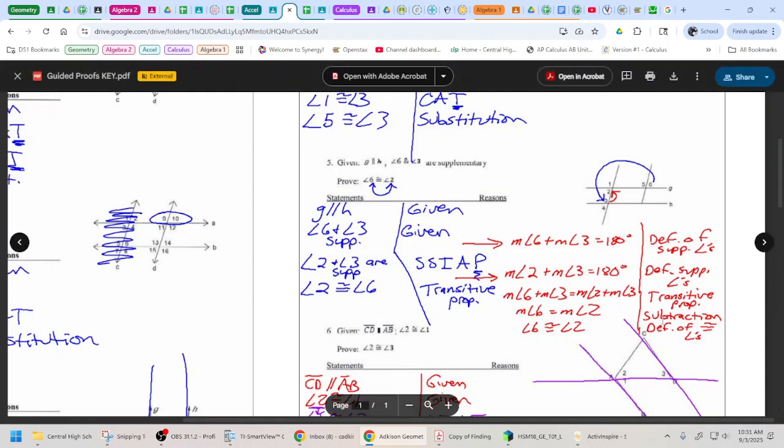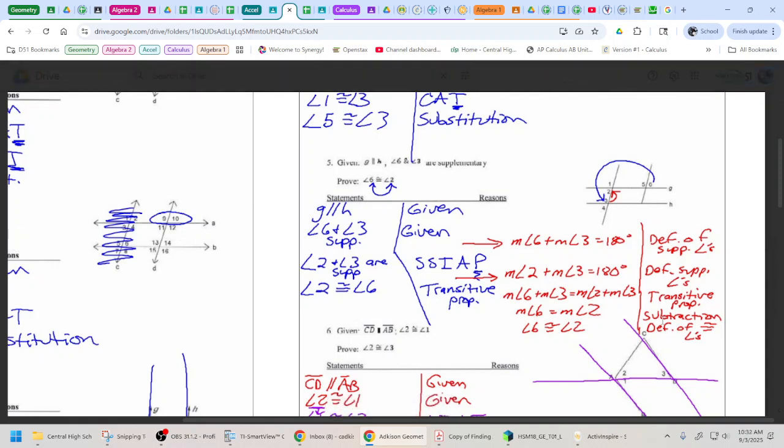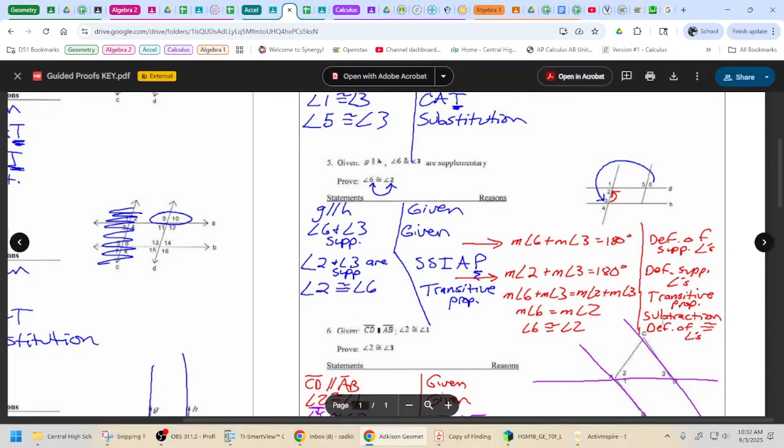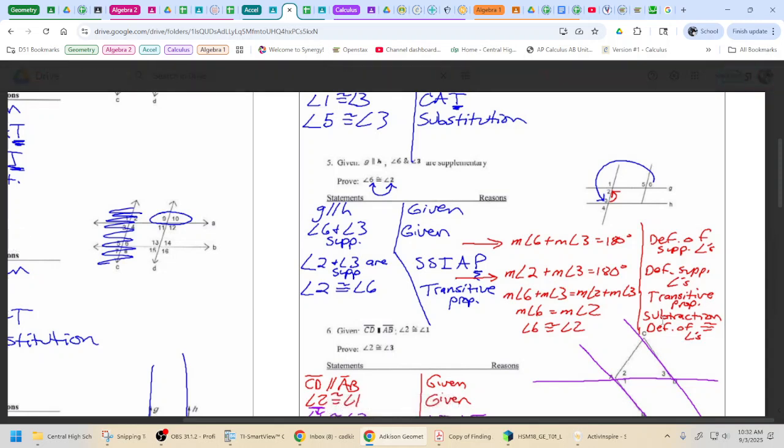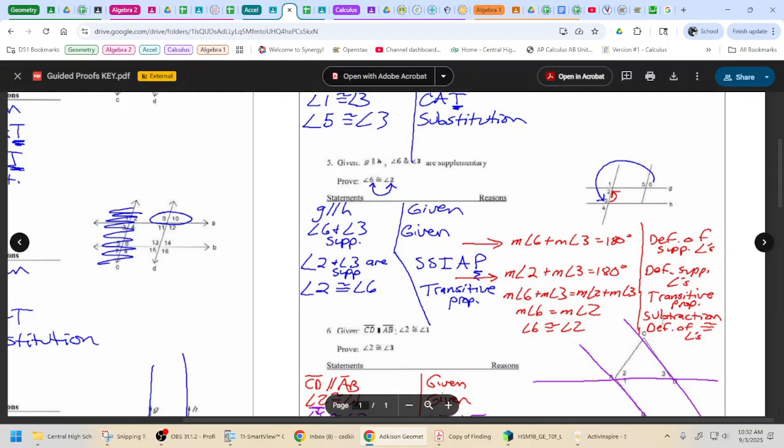We set them equal, either by transitive or substitution, and then we subtract out angle 3 to get the fact that their measures are equal. That's still algebraic mode. Then switch back to geometry by definition of congruent angles.